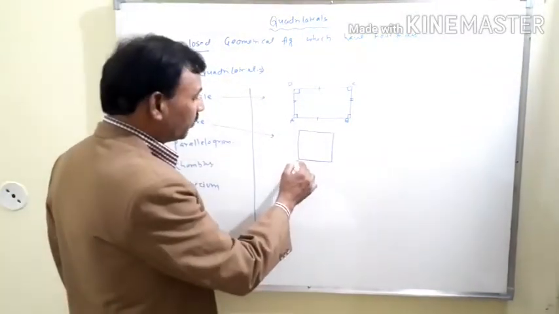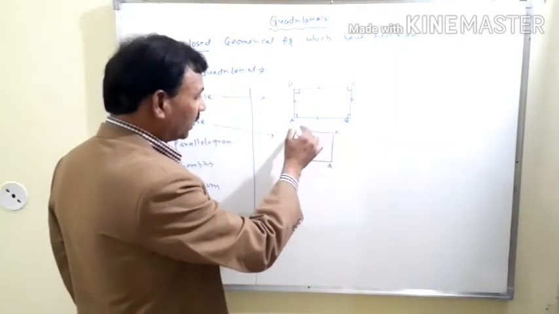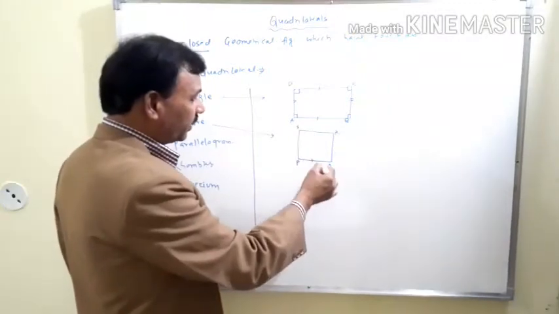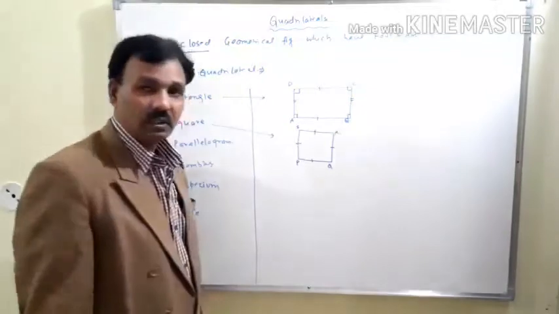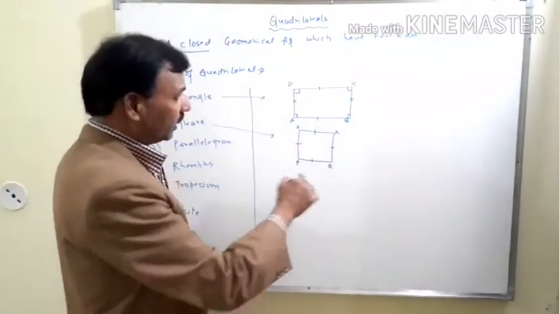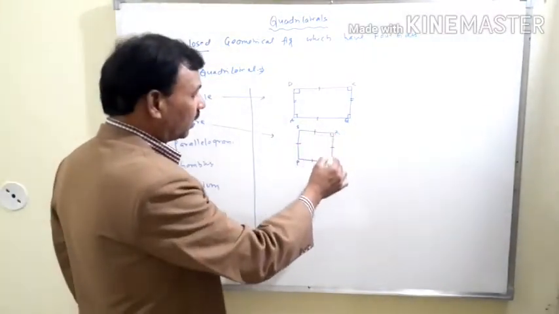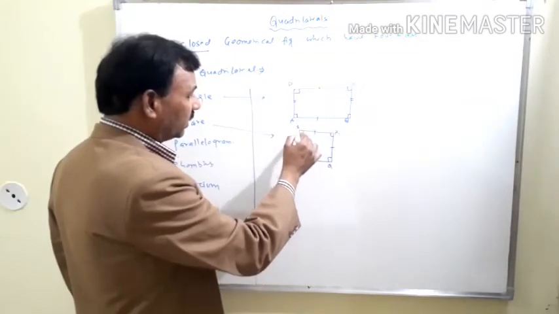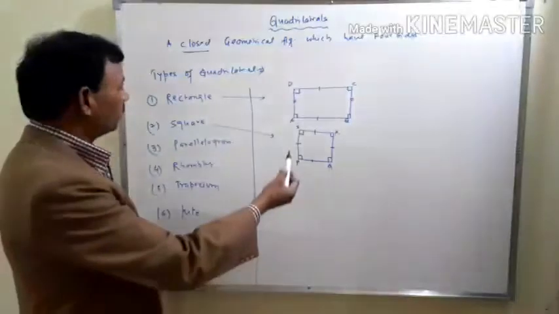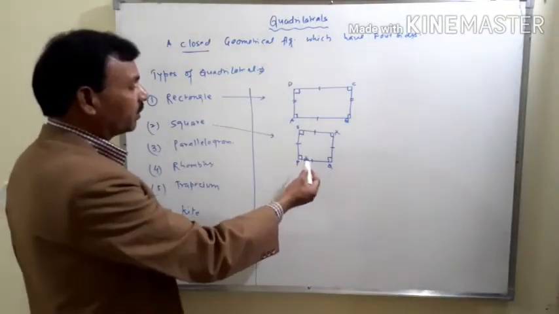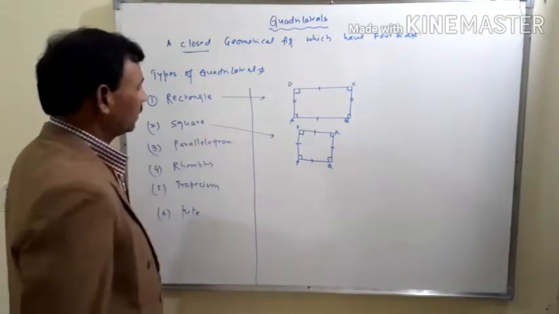That means in PQRS, PQ equals QR equals RS equals SP. All sides are equal and all angles are also equal, and each is equal to 90 degrees. This type of geometrical figure is known as a square.